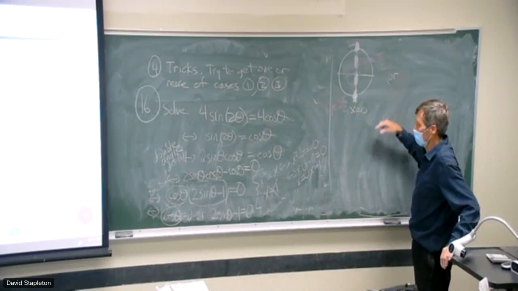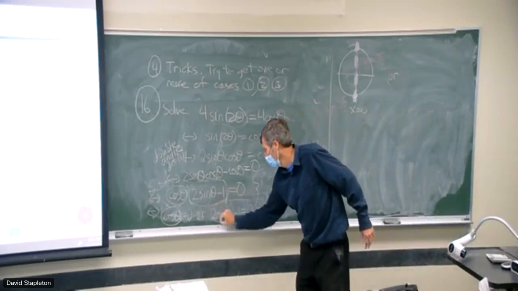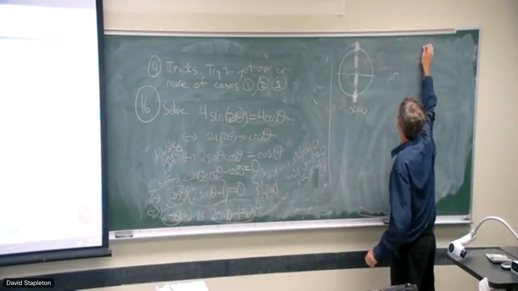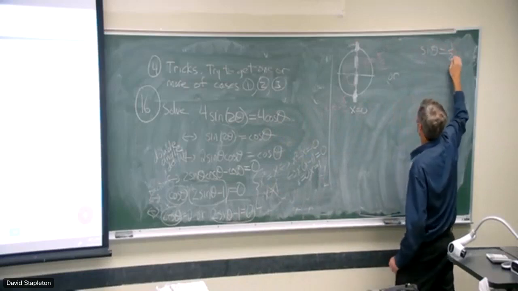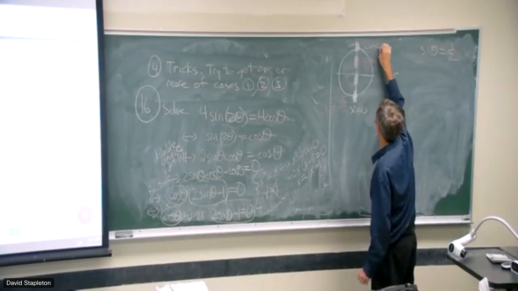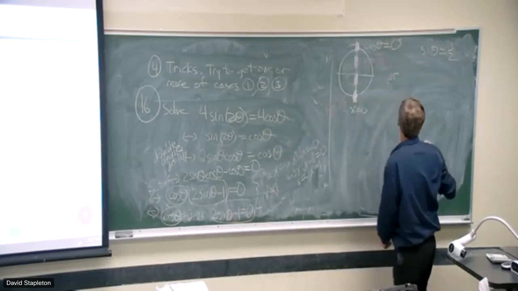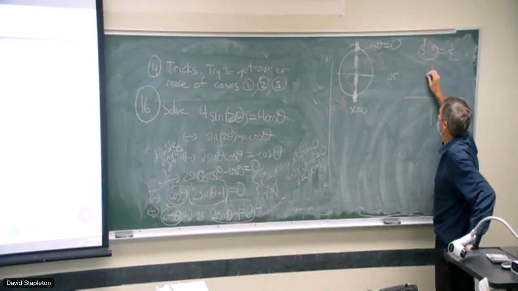Or I could have the second case, 2 sine theta minus 1 equals 0. Well, this one is add 1, divide by 2. Sine theta equals a half. So this was solving cosine theta equals 0. This is the other equation, which is equivalently sine theta equals a half. I'll do that on the unit circle and say sine theta is the y coordinate.